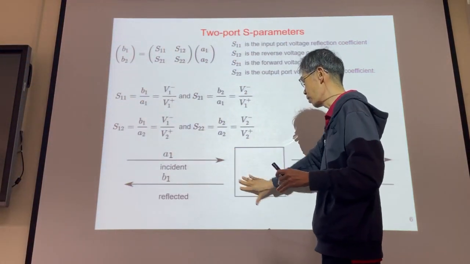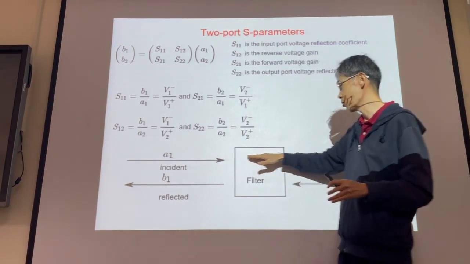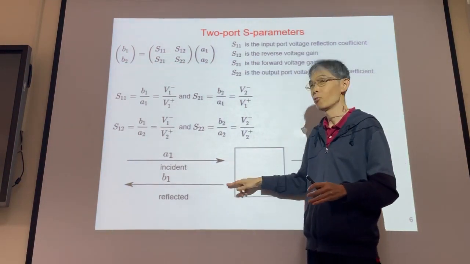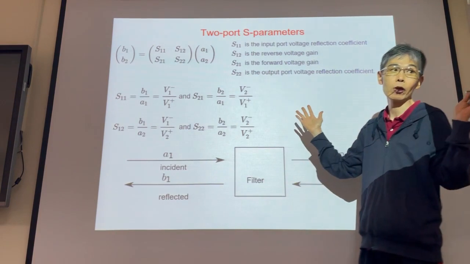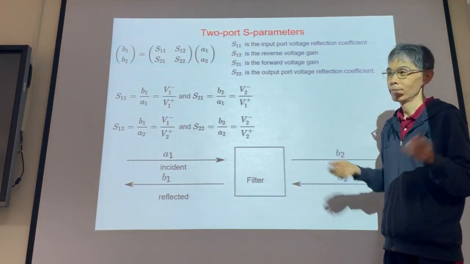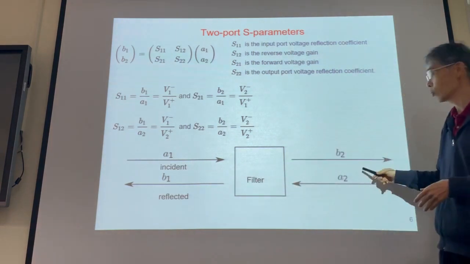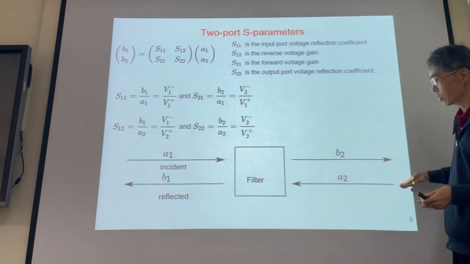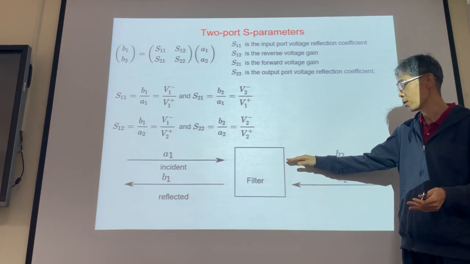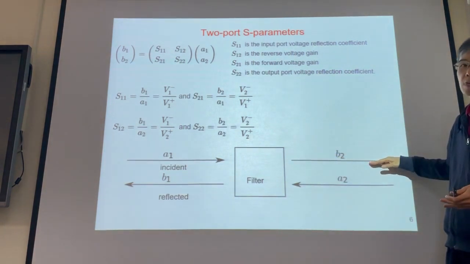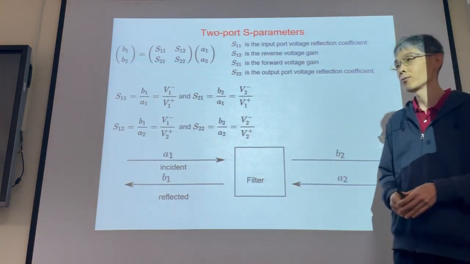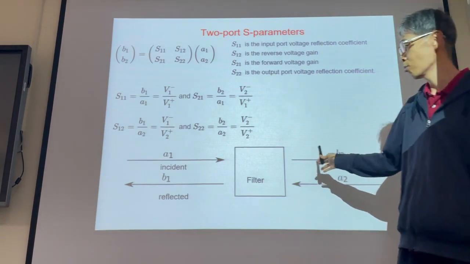So for each medium, some signal will go through, some signal will be reflected. This is natural. So this is port 1, and port 2 is the same. Some signal gets in, some signal gets reflected. So this is the two-port system.